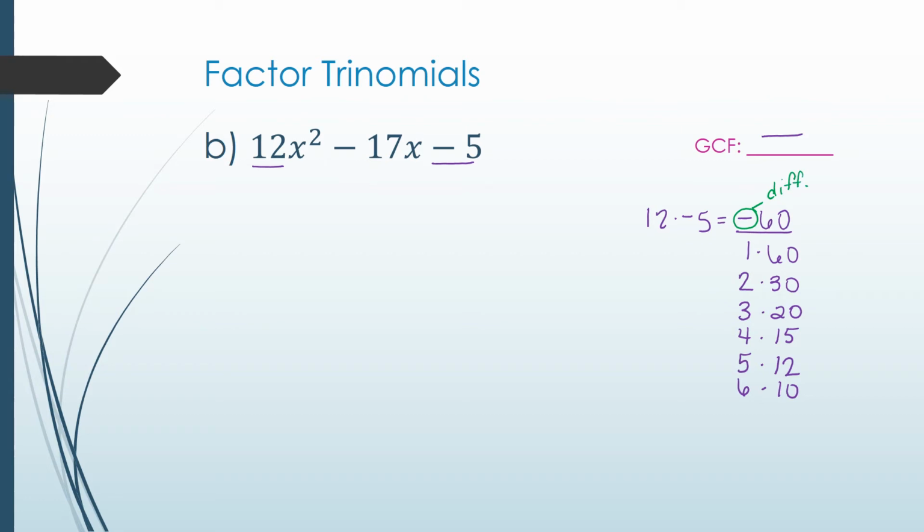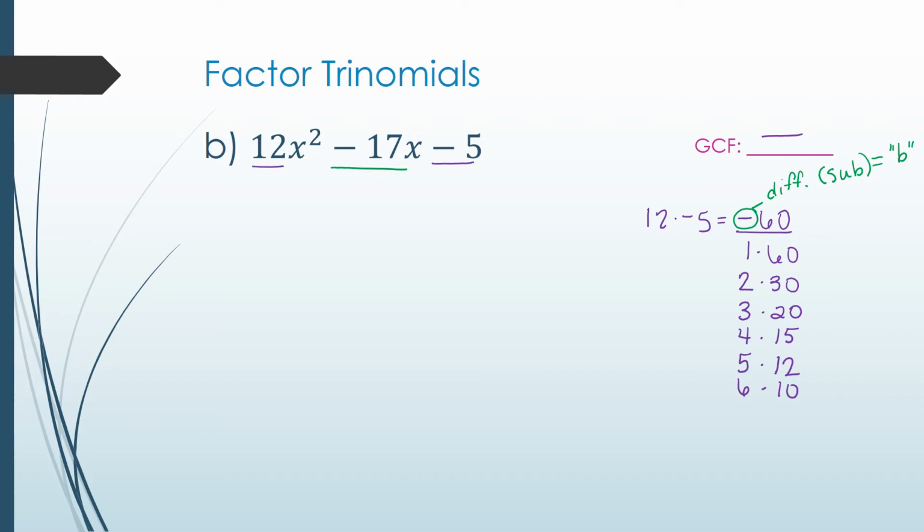And if you have numbers that have different signs, meaning one's a positive and one's a negative, if you try to add them, are you really adding? It turns out you don't. You actually subtract. So that sign is telling you from your list, you need numbers that subtract to equal your B value. Now your B value is a negative 17.